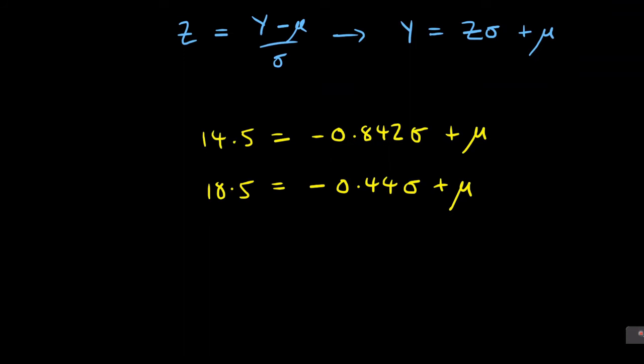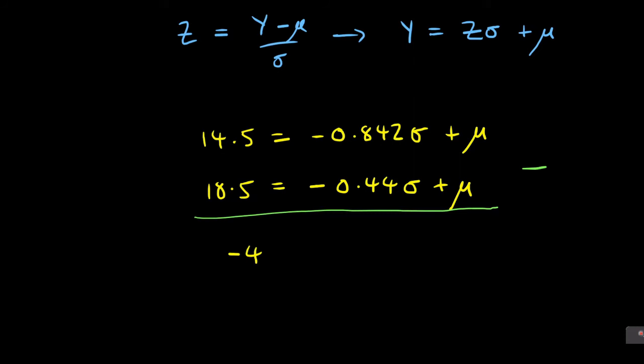So what we've got here is basically simultaneous equations, and we need to be able to solve these. The easiest way to solve them is to do a subtraction. If I subtract one equation from the other, then the mu's are going to cancel off. So I'm going to have 14.5 minus 18.5, and that's going to give me negative 4.